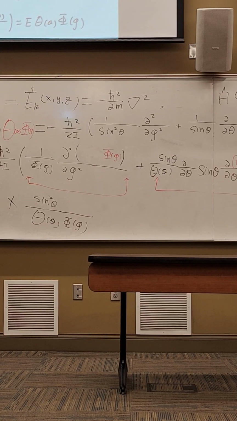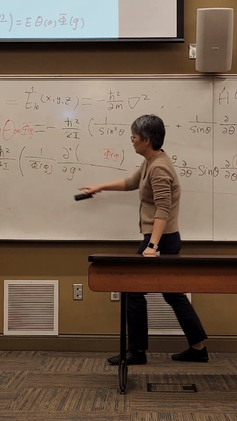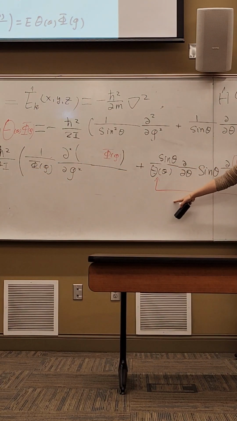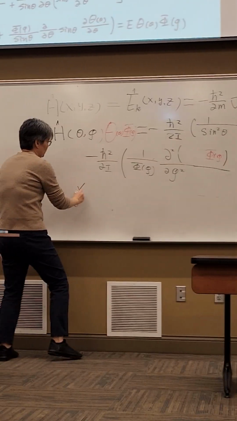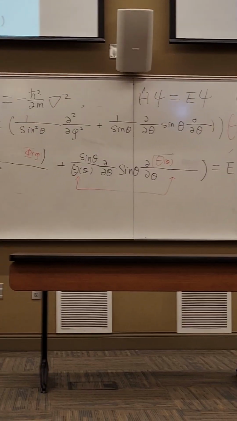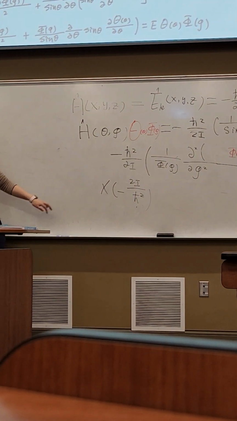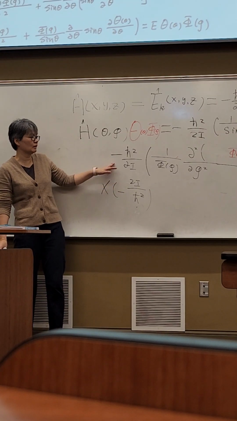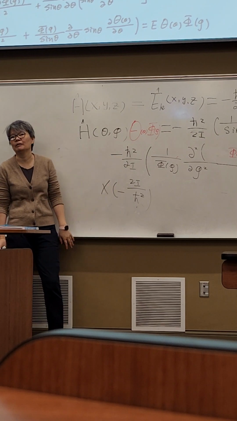Well, I tried. Now, what I want to do is not have a coefficient in front of this expression, just to make it simple. Then what I need to do is multiply by negative 2i over h bar squared. If I multiply the above expression by that, I'll make the left side coefficient become 1, right?